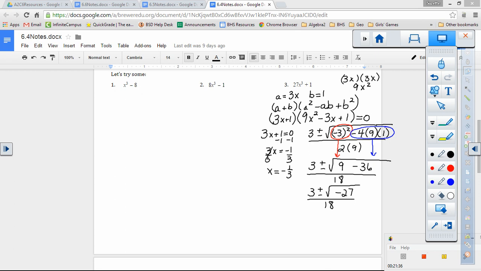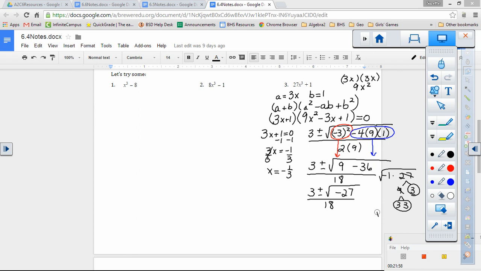So we've got to break down that -27. So -1 times 27, right? And so that's going to be 9 times 3, and 9 is going to break down to 3 times 3. Now remember, I'm looking for groups of 2 because it's a perfect square. So I'm going to have one 3 left over.